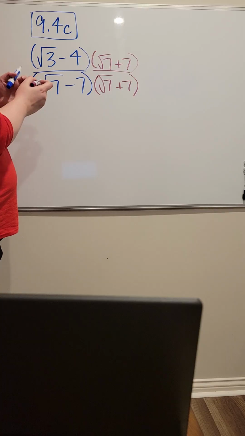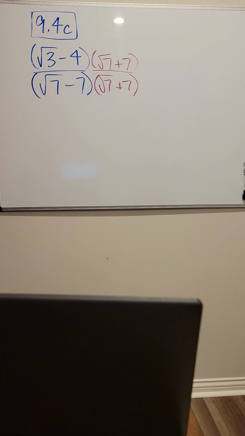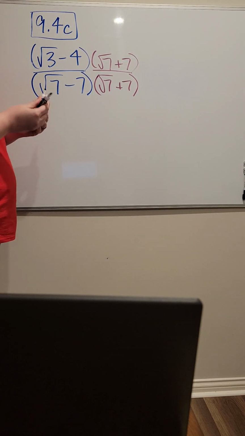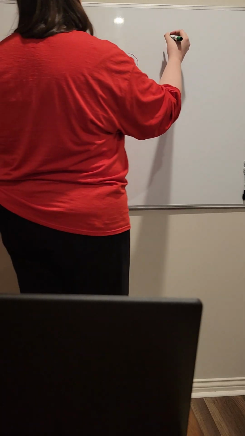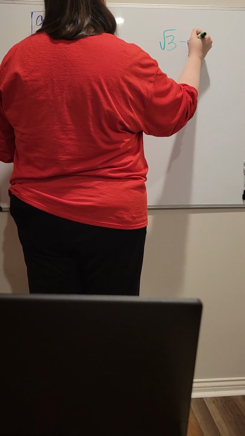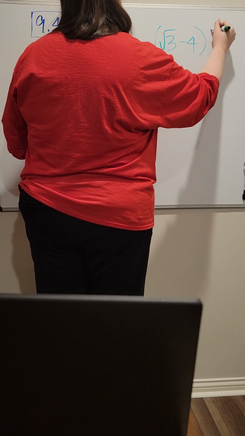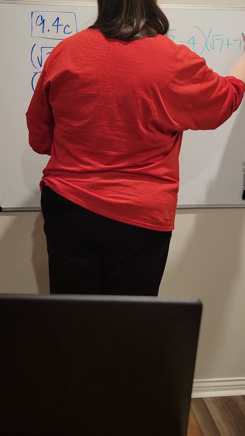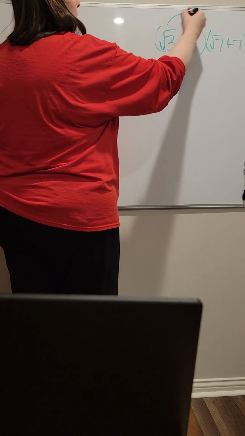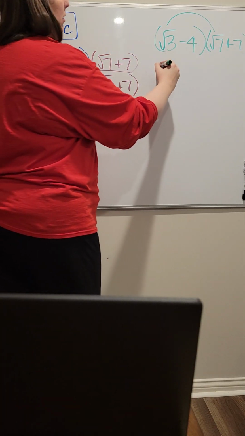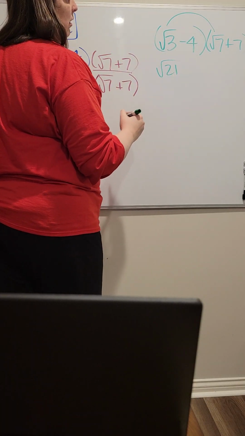So I'm going to do the numerator first. Square root of 3 minus 4 square root of 7 plus 7. The square root of 3 times square root of 7 is just square root of 21.